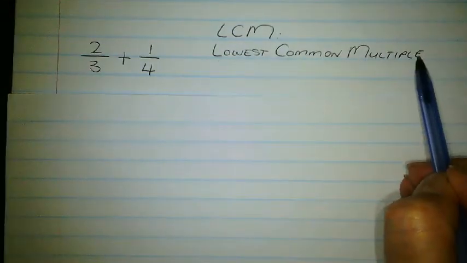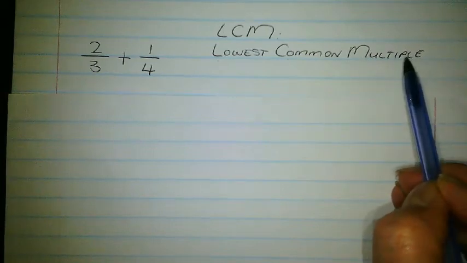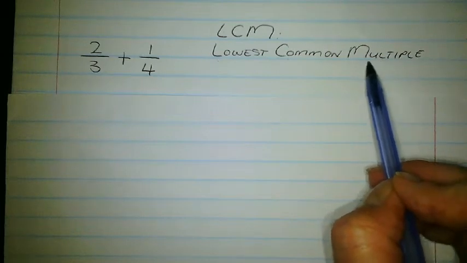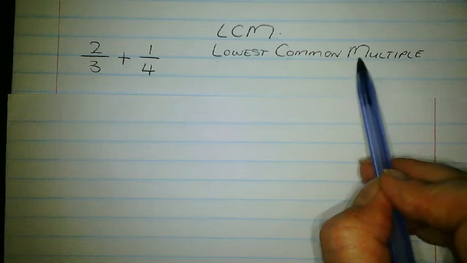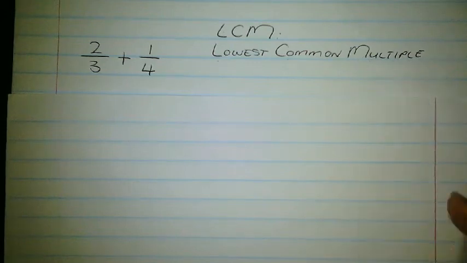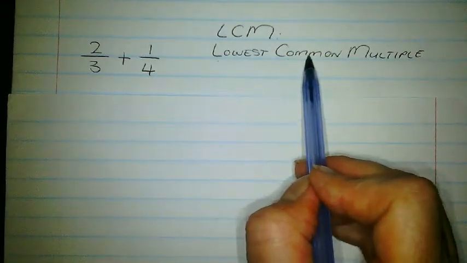Now working from the back to the front, multiples you did at the start of the year, and that is when you have a number and you write the multiples. So in other words, you count in, say for example, 3s, or you count in 5s to get to a certain number. Okay, common means it's the same.